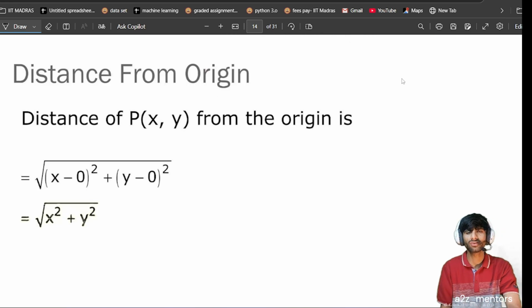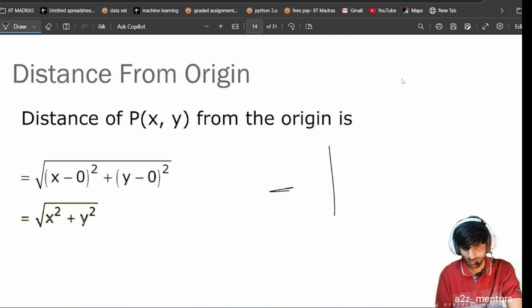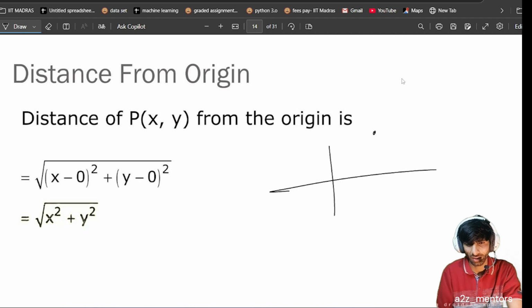We will see distance from the origin. This is a different case. If there is a point x comma y, what will you see by the distance formula? Here there is only one point, but we can say this is also a different point, 0 comma 0. Now we will see the distance between these points. Directly apply the formula.